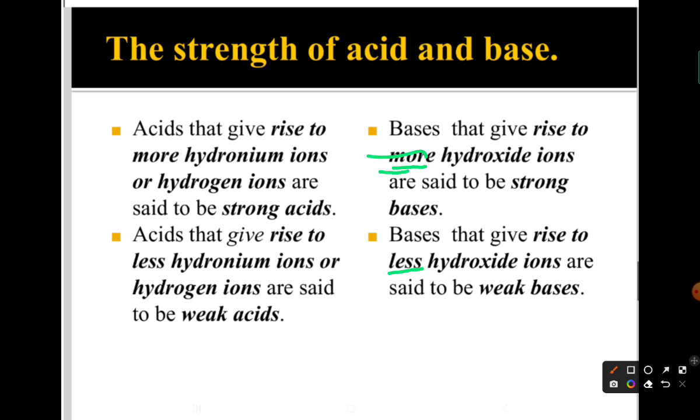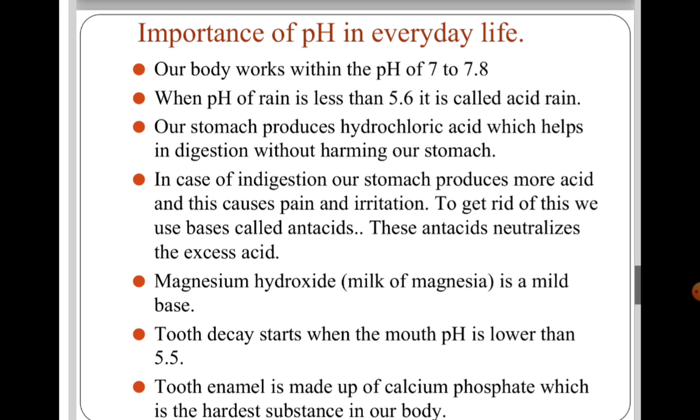And next one, importance of pH in everyday life. Our body works within a pH of 7 to 7.8. When the pH of rain is less than 5.6, it is called acid rain.